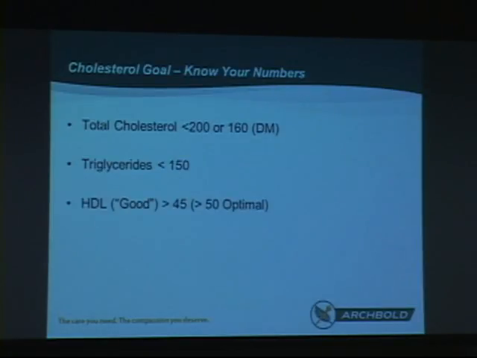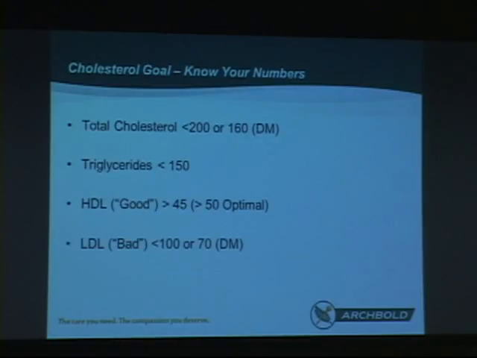This is the good cholesterol, the HDL, the high density lipoprotein. You want it to always be above 45 and ideally above 50. And guess what, everybody? The only way to raise that is to exercise. Medicines barely help. So that's the only way to get the good cholesterol better.